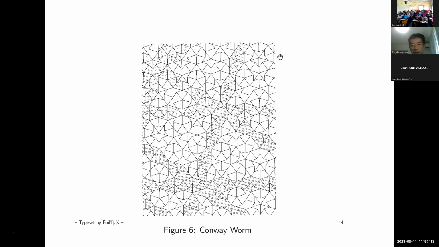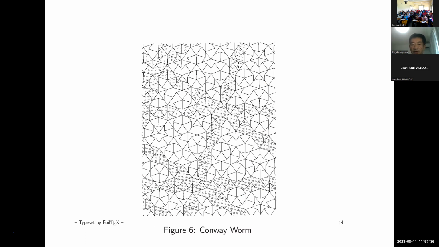This is due to Conway, who found a very nice structure, something like a worm, now called the Conway worm. In the Penrose tiling we have a linear structure, and this worm is very similar to linear structures.